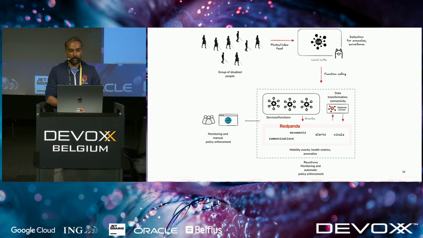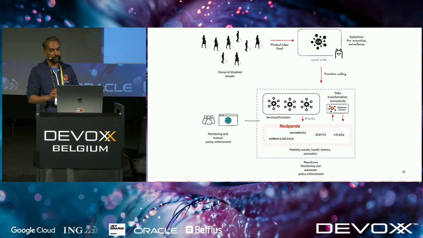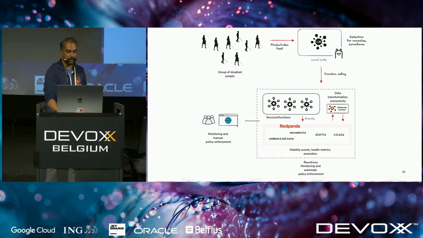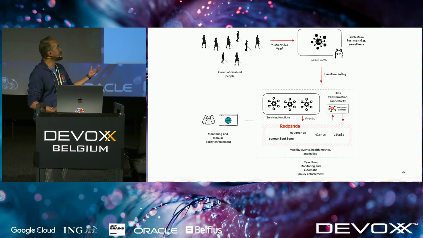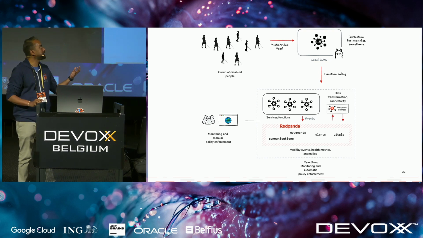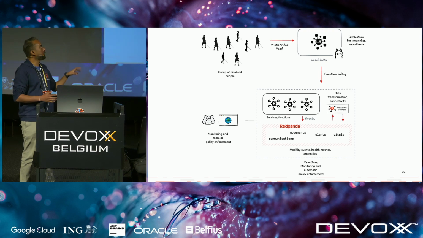And the beauty here is these local LLMs can talk to this software stack. What you see here is the business logic you can program. This could be your microservices, or your lambdas, or anything that has the logic to react to these function calls.